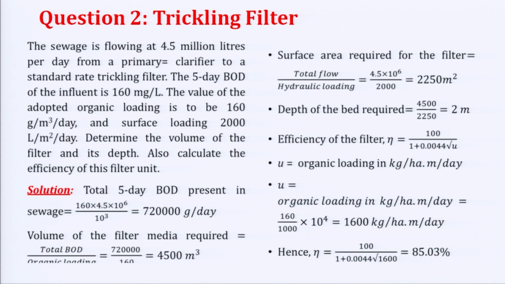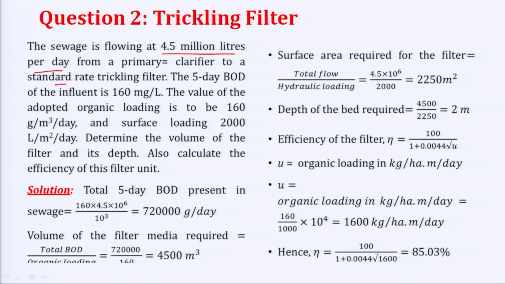Now, let us come to a question. This is a problem for trickling filters. So, what is the question here? The sewage is flowing at 4.5 million liters per day from a primary clarifier to a standard rate trickling filter. Standard rate, in the sense, low rate trickling filter.